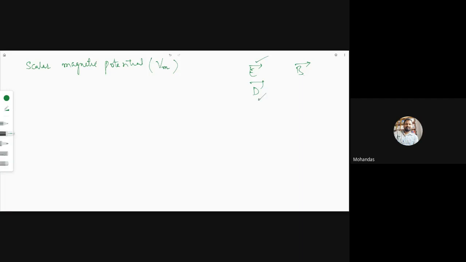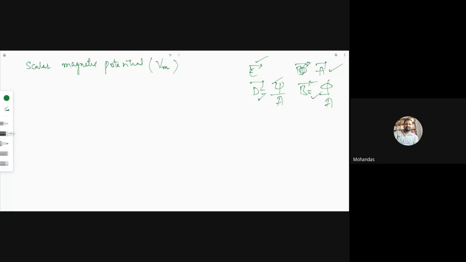In the magnetic field, B and H are there. H is magnetic field intensity, B is magnetic flux density. Both are analogous quantities. B is the total number of magnetic flux lines per area, and D is the total number of electric flux lines per area. So there is a similarity in definitions also, right?